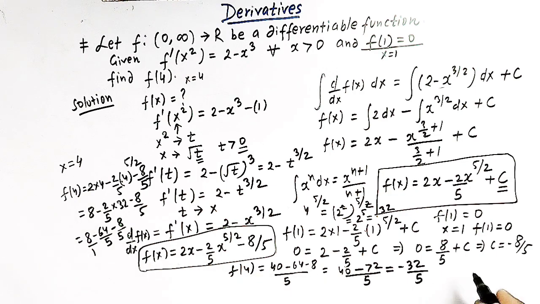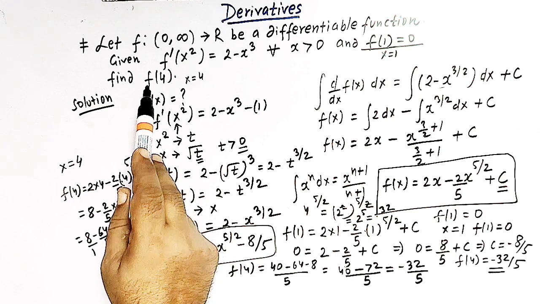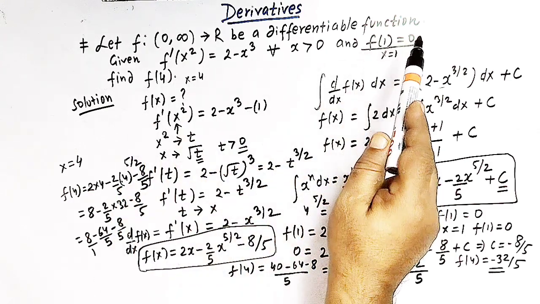So the value of f of 4 is equal to minus 72 over 5, right? So viewers, this is how by making use of these concepts we can easily find out the value of f of 4 using f of 1 is equal to 0.